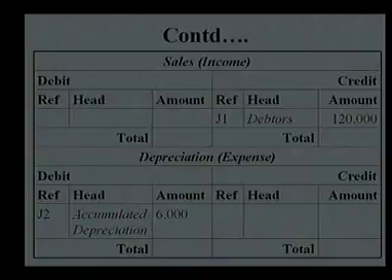Now, look at the depreciation, it is an expense. Now, increase in expense you record it under debit side, and accordingly you can find an amount of 6,000 has been written under debit side.